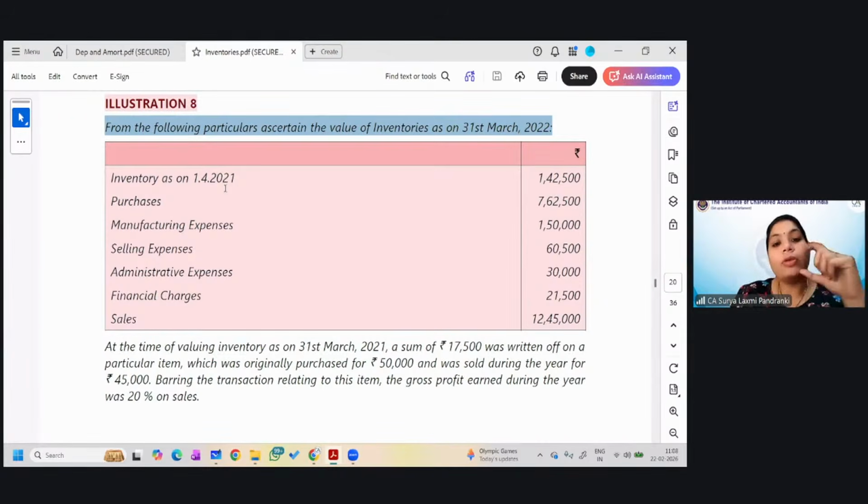Now you will have to calculate the closing inventory or the value of inventory as on which date? 31st March 2022, which is your year end date. But what is the information given to you in the question?